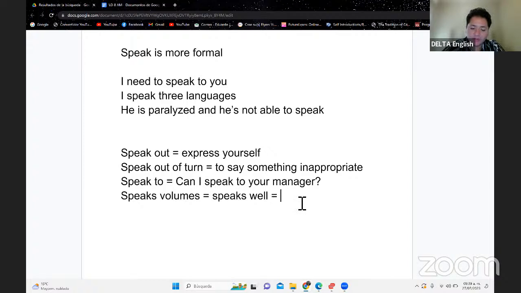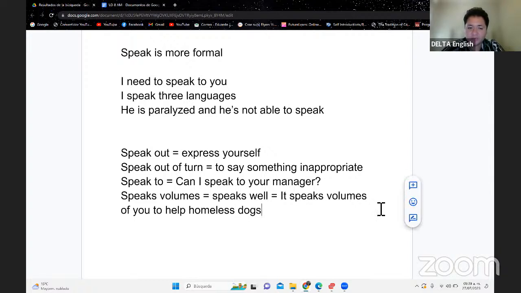For example, it speaks volumes of you to help homeless animals, dogs. It speaks volumes of you to help homeless dogs. ¿Qué creen que quiere decir esta frase? Speak volumes.